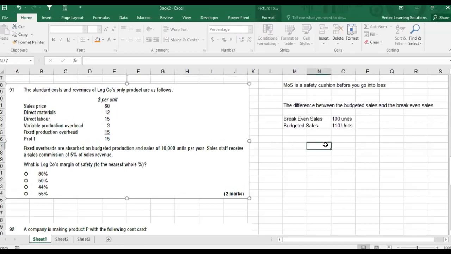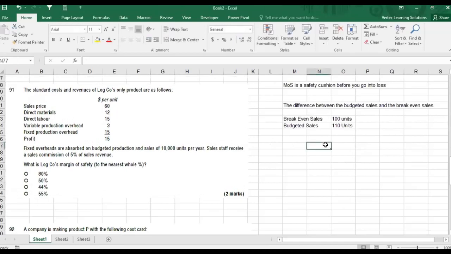Now let's do question number 91 very quickly. It says that the standard cost and revenues of Log Company, Log Company's only product, are as follows. By the way, margin of safety is a topic of CVP, and CVP has single-product break-even and multi-product break-even.